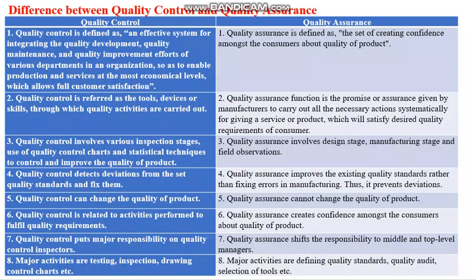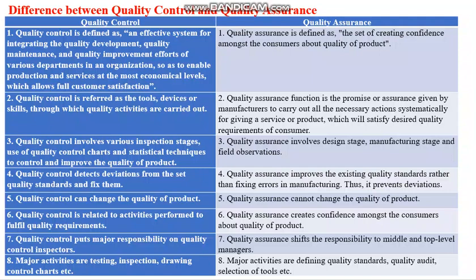Okay, now let us see the difference between quality control and quality assurance. Earlier what we saw was the differences between inspection and quality control. Now we are comparing quality control with quality assurance. Both are defined here. The first difference is the definitions.